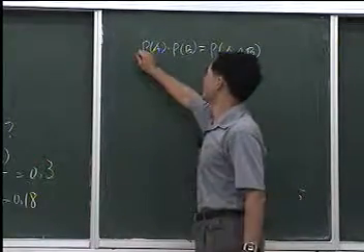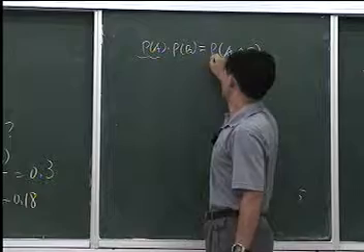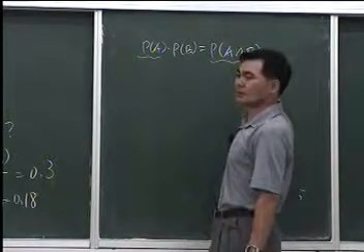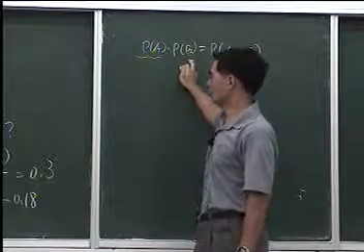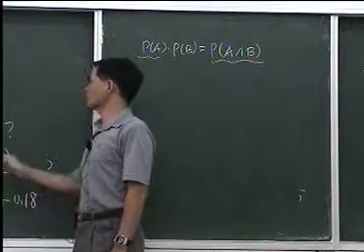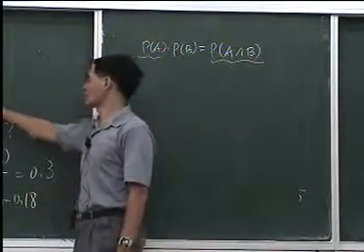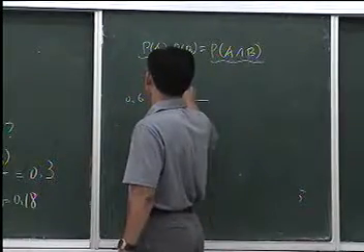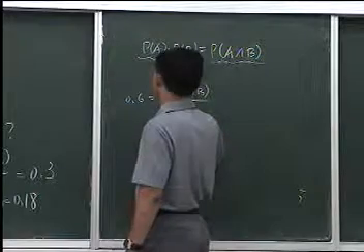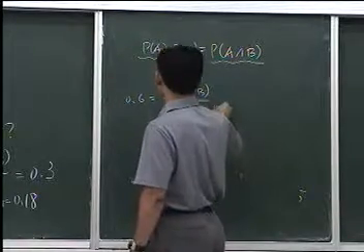So you already have P(A), you already have P(A and B). You need to find P(B). So when you want to find P(B), you want to use this formula.